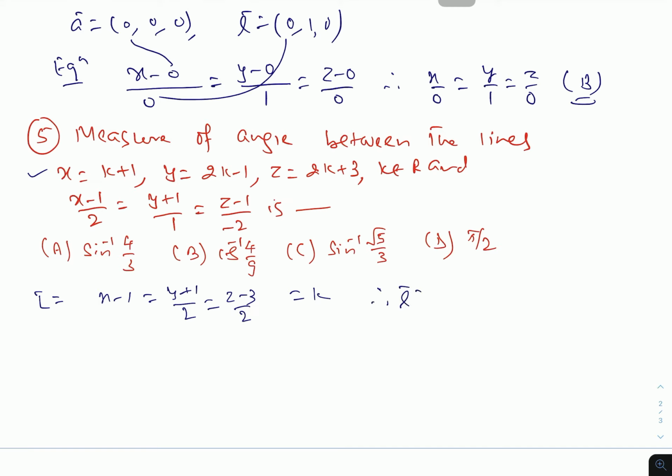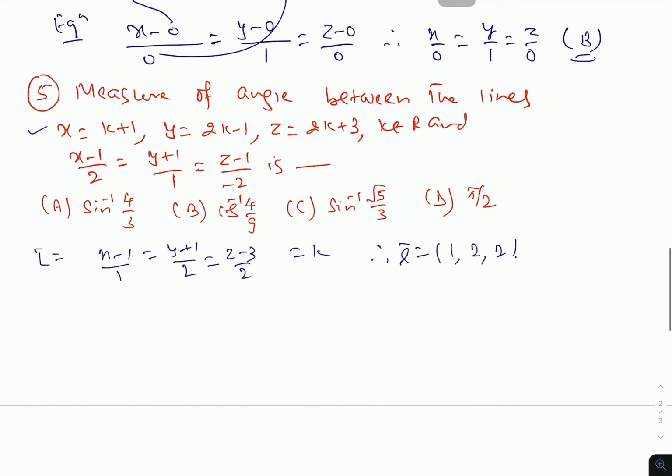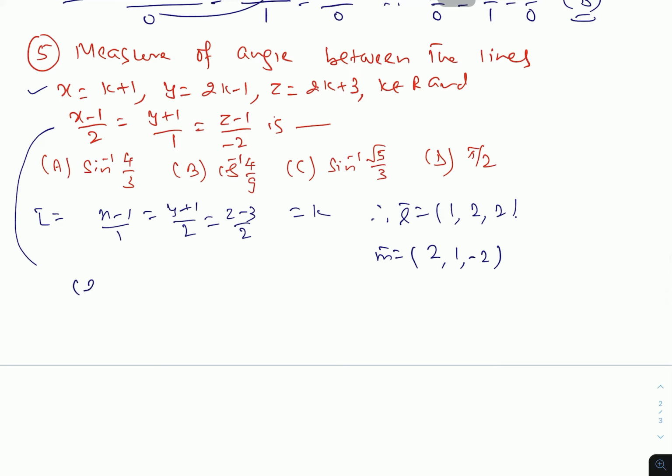So the L bar is 1, 2, 2. And from the second, the M bar is, we should see first of all it should be in the proper x minus, y minus, z minus kind of form. So 2, 1, minus 2.